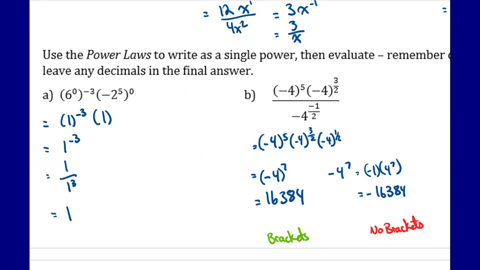In this case, because we see the brackets, we can assume that the negative is part of the exponent or the base. So technically, looking back, there should be brackets there. Actually, I would say because we moved the 4 up, there's still a divided by -1 underneath.